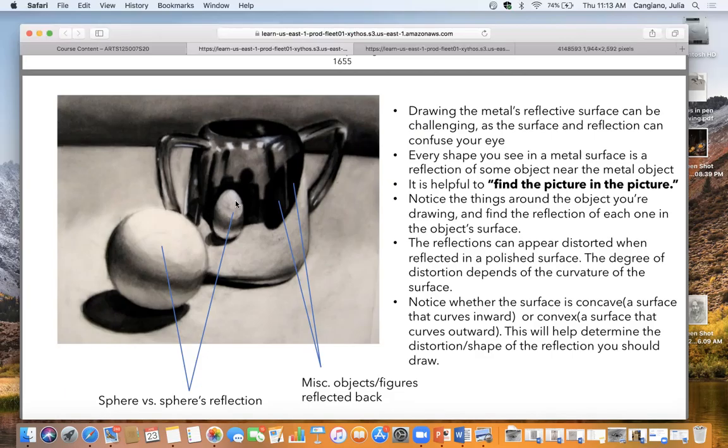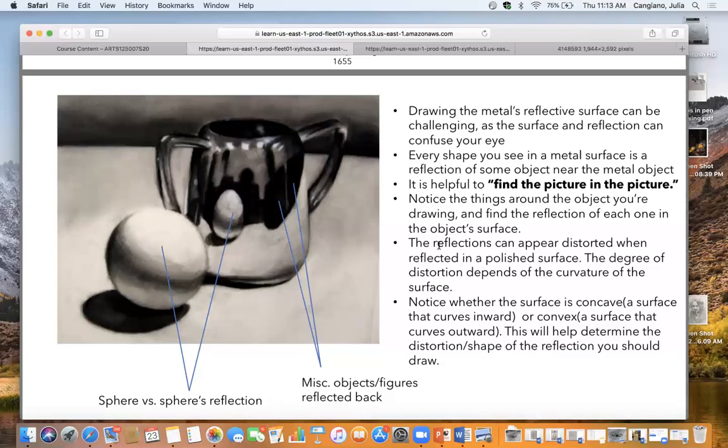So if you're trying to draw this shape here, knowing, okay, this is actually a reflection of the sphere. This is going to be a reflection of the background. I'm not really sure what it is, but I'm assuming easels of some sort, and then it looks like industrial fluorescent lighting up top. But it would be really helpful as the artist to know roughly what that is, and then just make any distortions based on the shape of the surface.